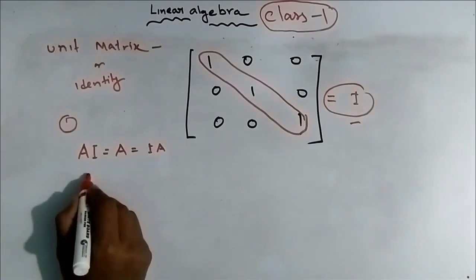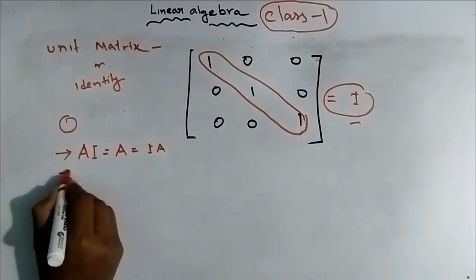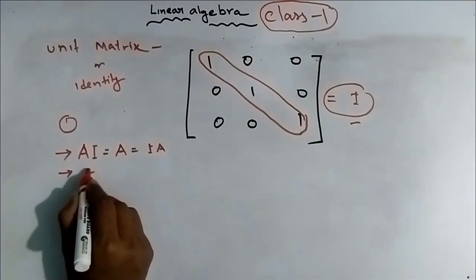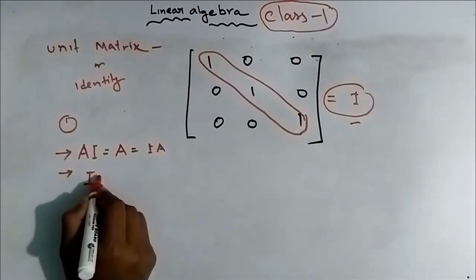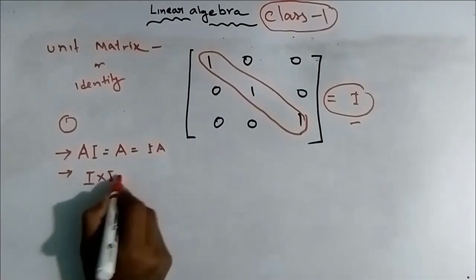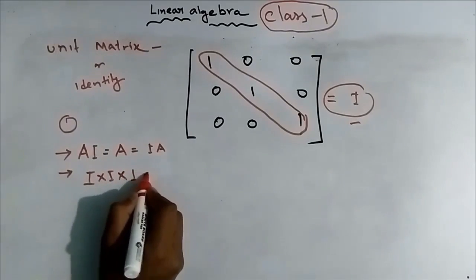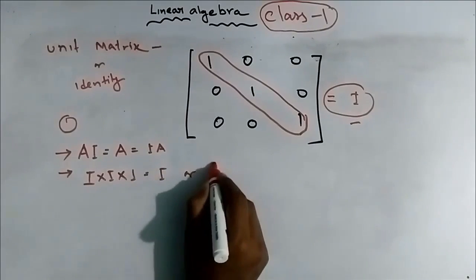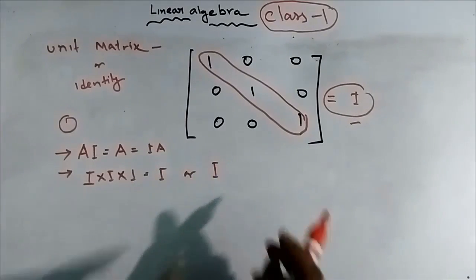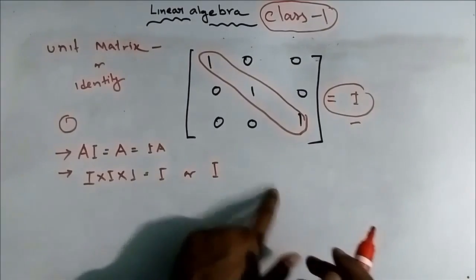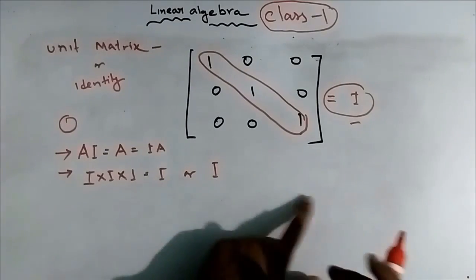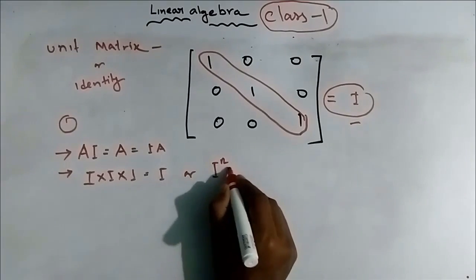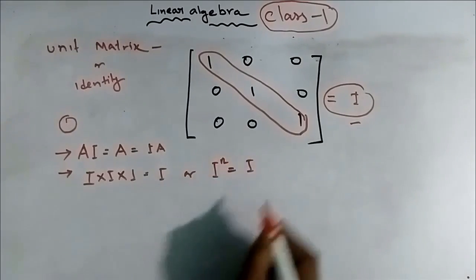And the second property is, if we multiply an identity matrix by itself any number of times, it will give me the identity matrix only. So it's better to say, if we multiply any number of identity matrices of the same order, say of nth order, the result must be an identity matrix.